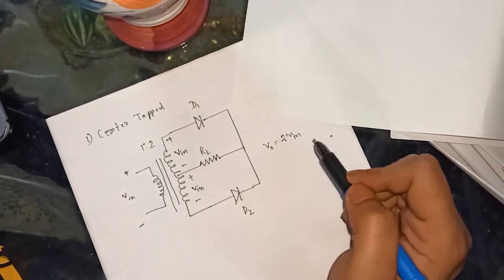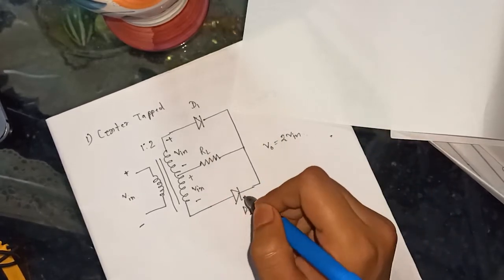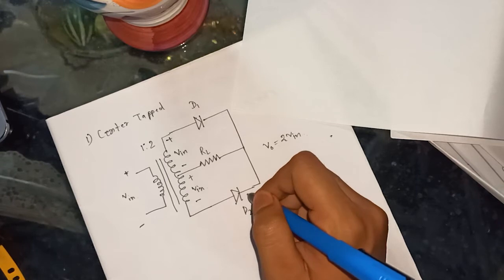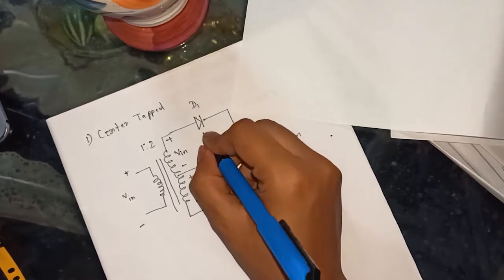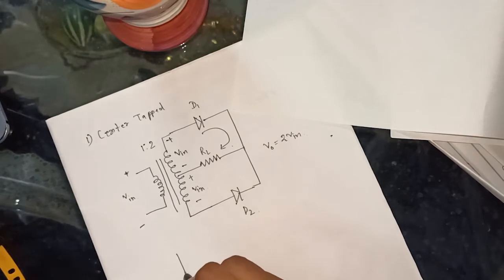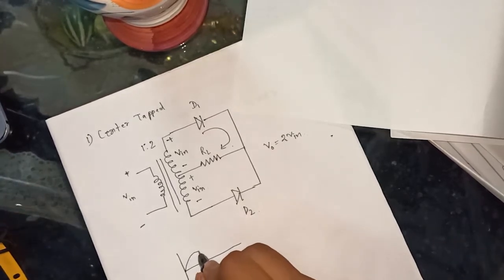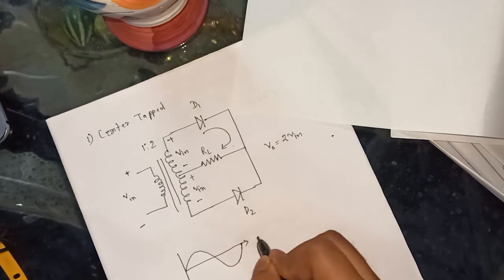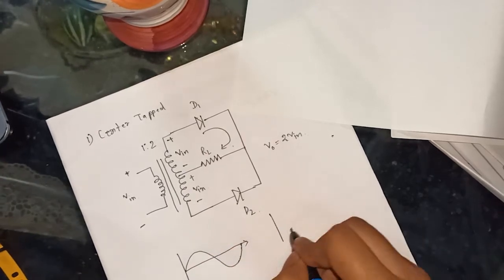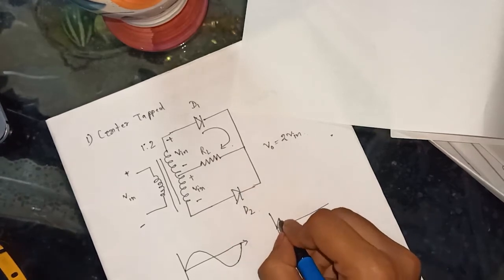So in case of positive half cycle, the diode D2 will not conduct. So the current flows like this, and if we apply an AC signal, the output for the first half cycle is like this.